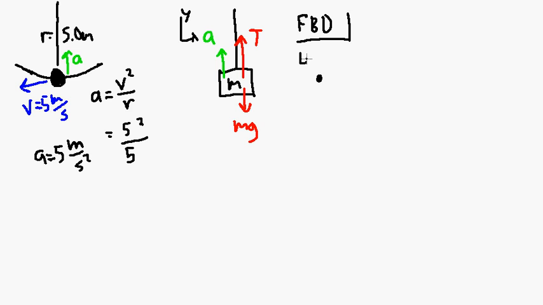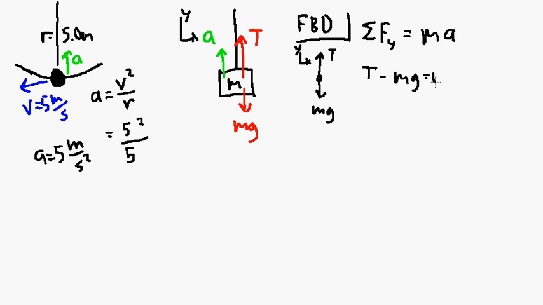Sum of forces in the y direction equals mass times acceleration, which is positive y. So T minus mg equals ma, which means T equals mg plus ma, or m times g plus a.